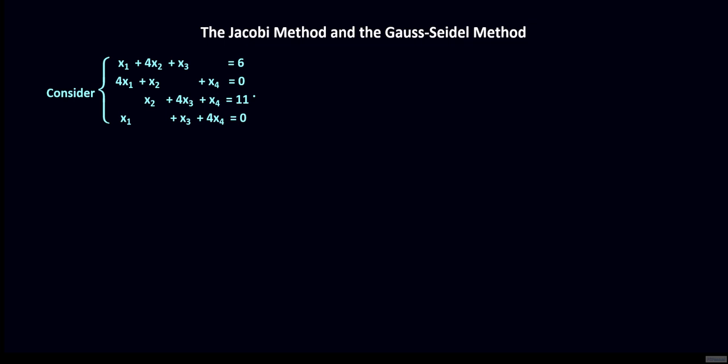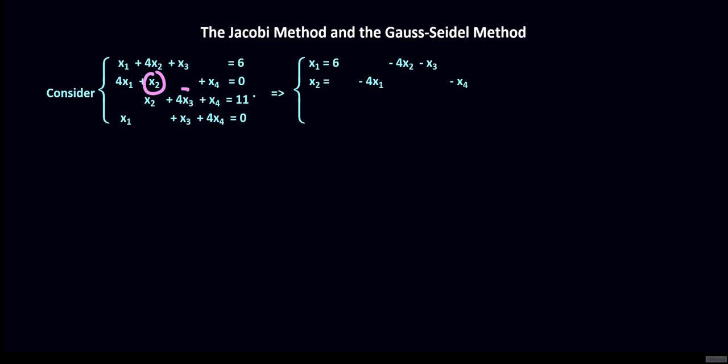The two methods start out the same way, by solving for a variable in terms of the other variables in one equation. For example, we can solve for x sub 1 in the first equation to get x1 equals 6 minus 4 x2 minus x3. Then we can solve for x2 in the second equation to get x2 equals minus 4 x1 minus x4.